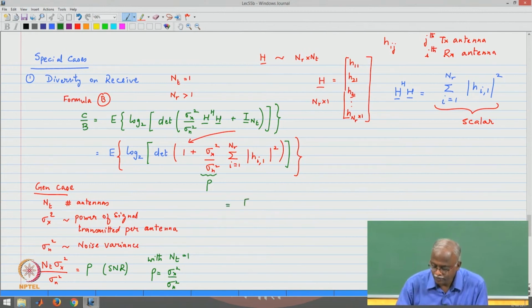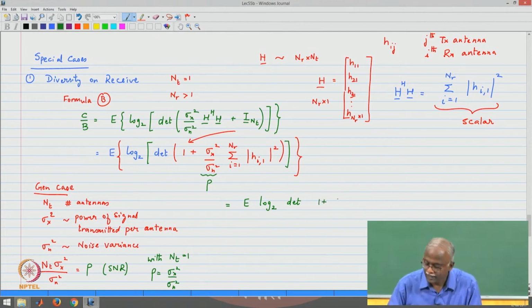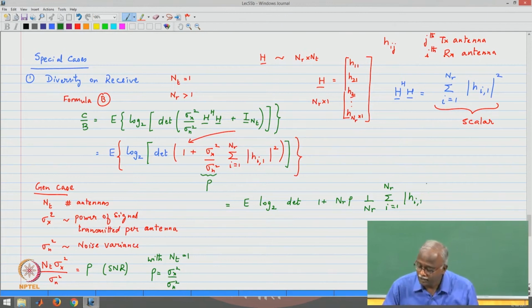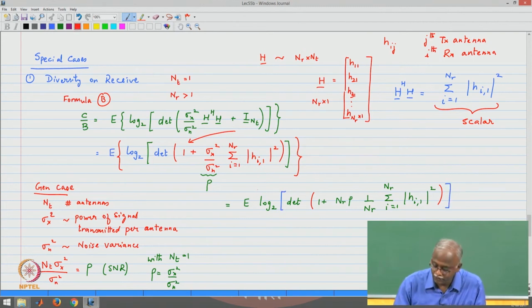This is equal to the expected value of logarithm base 2 of the determinant of a very important form, and the important form comes out to be 1 plus NR times rho times 1 by NR summation i equal to 1 through NR mod h i comma 1 whole square, and put in the brackets, this is the expression for the determinant, the expression for the logarithm, and then the expected value outside.